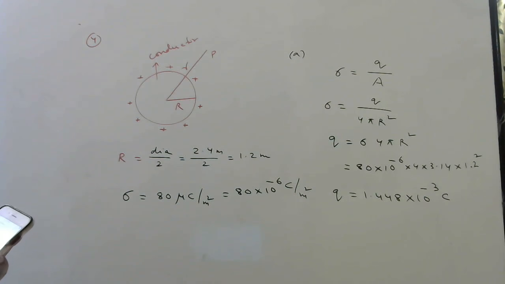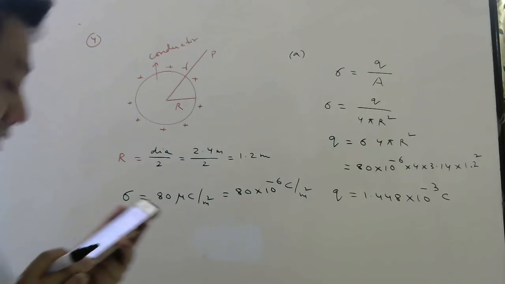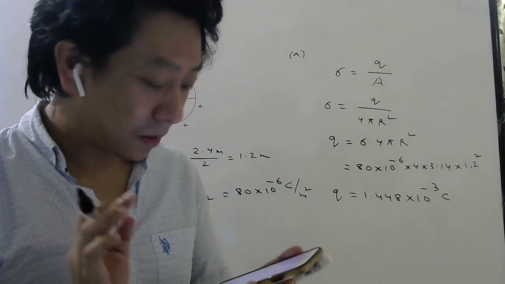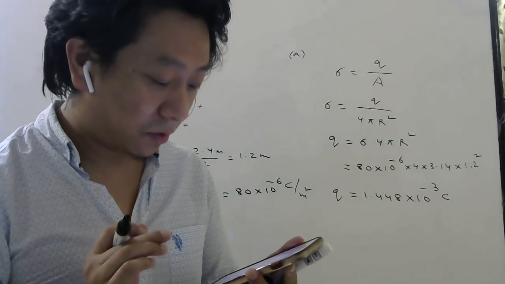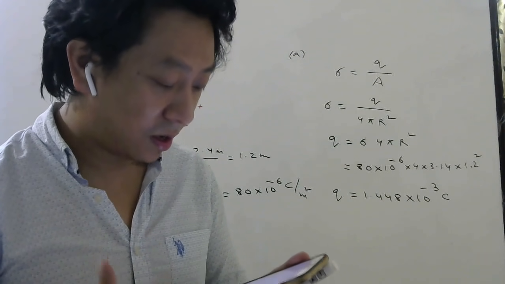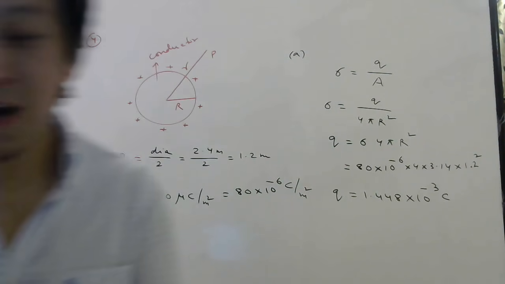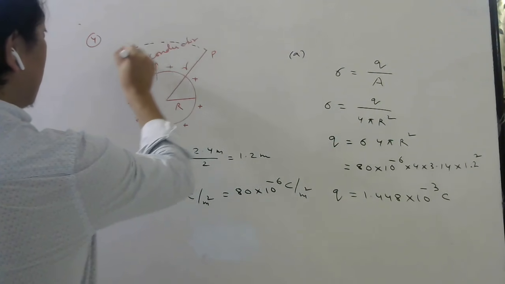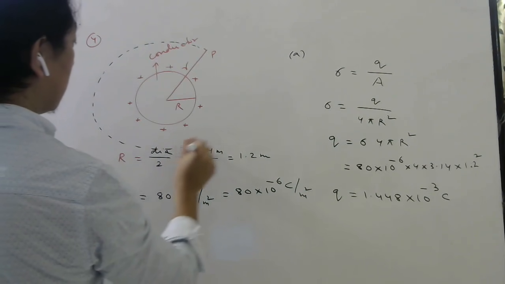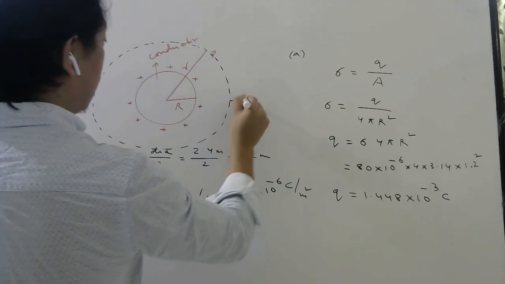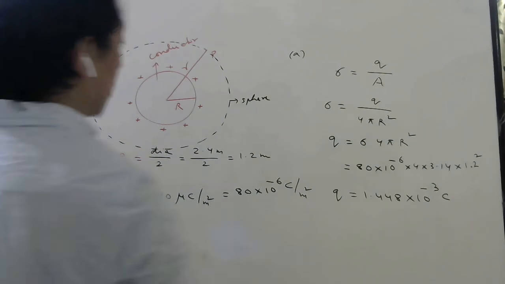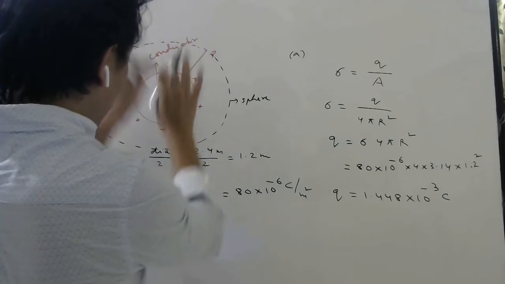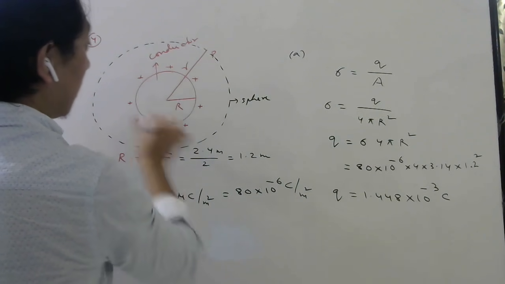Second part, they are asking what is the total electric flux. So they are asking now electric flux, not electric field, leaving the surface of a concentric sphere that encloses the charged sphere. So let us say this is my sphere, okay, through which they want the electric flux, and this sphere encloses whatever charge is on the conductor.